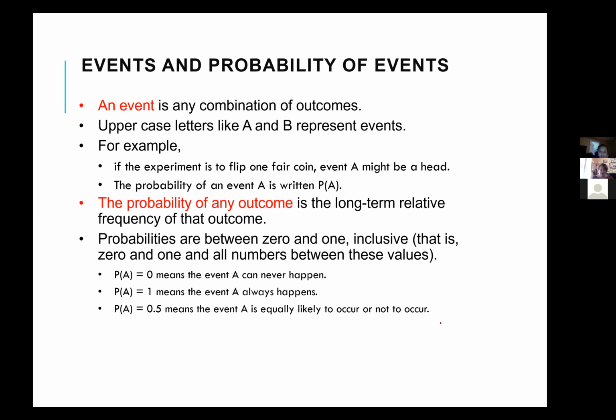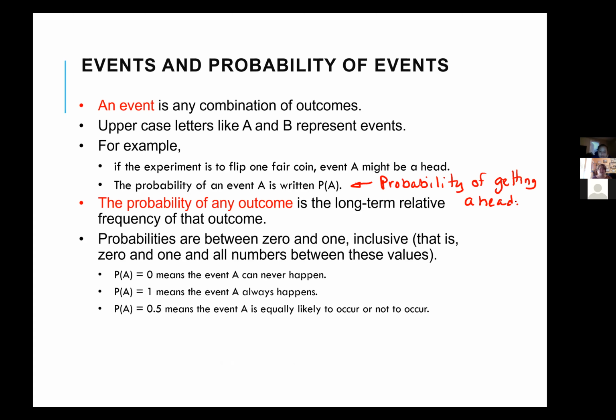The probability of you getting a head is written as P(A). So this means the probability, and in our case, event A is getting a head. So this is the probability of getting a head on a single flip of the coin.